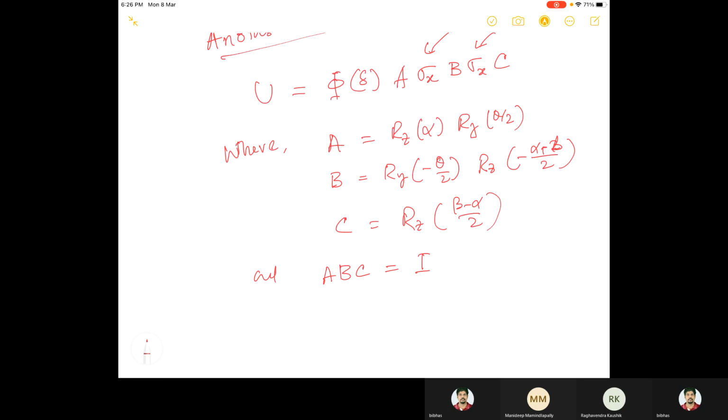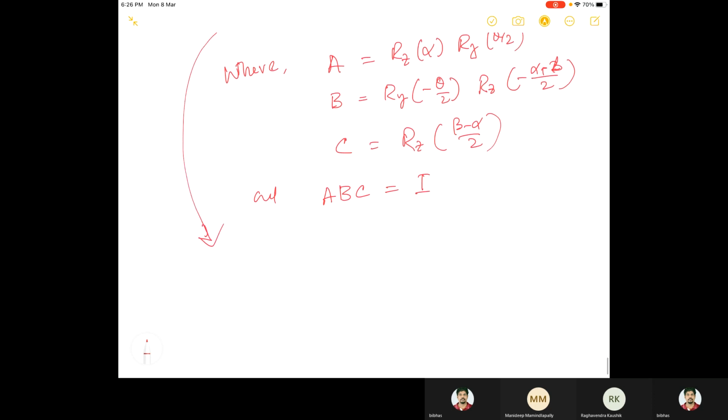So let me first write it down. How do I implement the control U operation or control U gate in terms of this ABC? Because of this factorization, what I can write here is the following. My control U gate is like this.